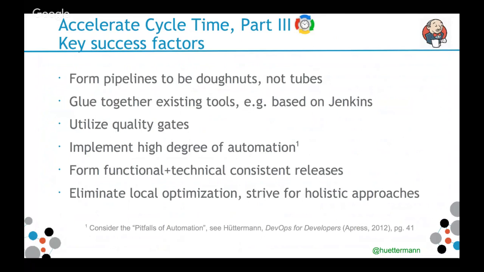And it's very important to form and provide releases which are consistent, both functionally and technically, right? So you want to package binaries once and promote those binaries toward production, and all different artifact types, right? So in our case, Docker images and maybe test cases and everything which makes up the release technically and functionally, right? That's very important.